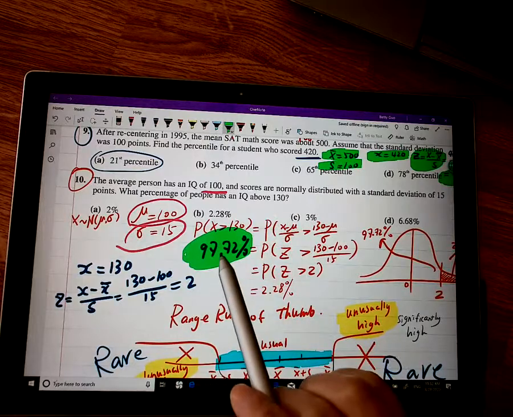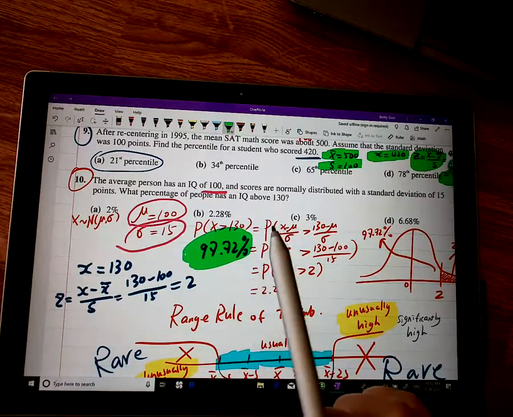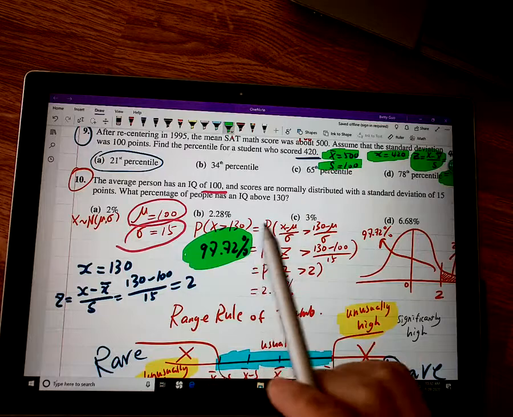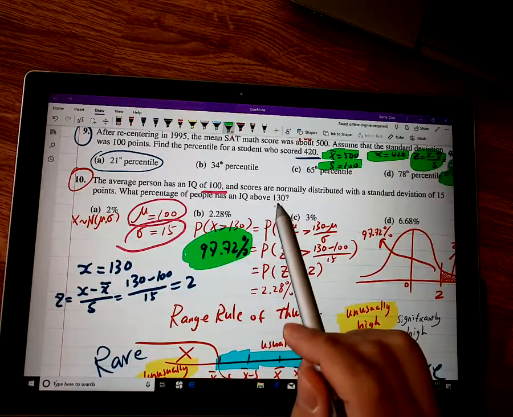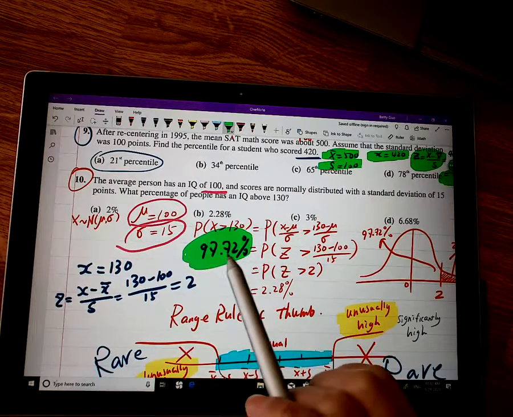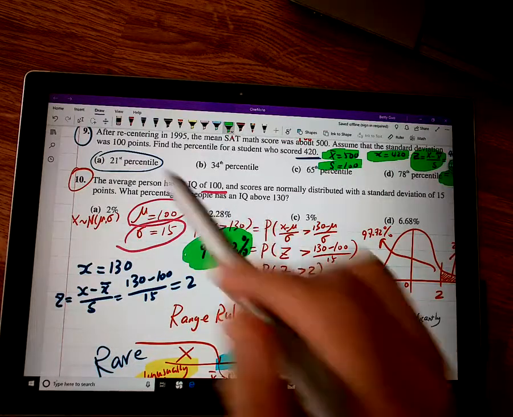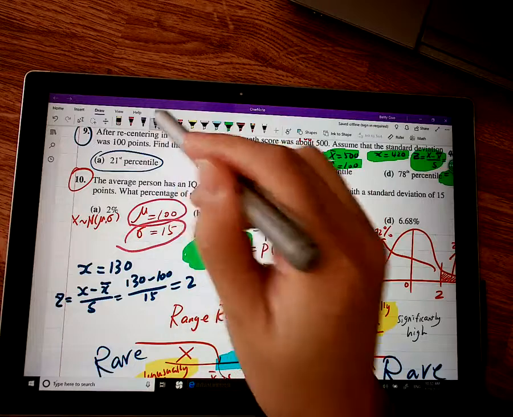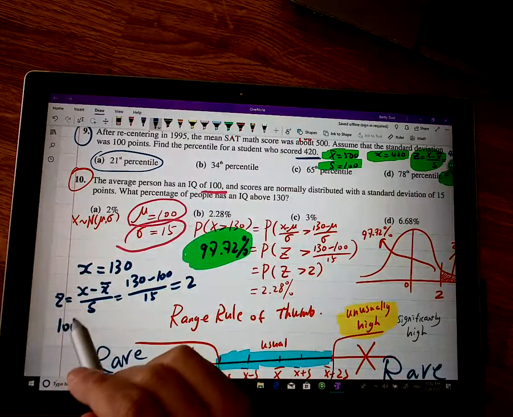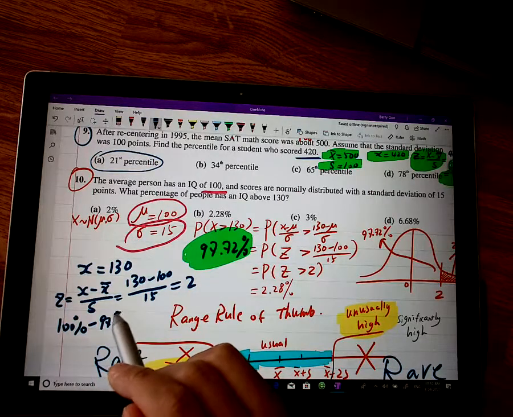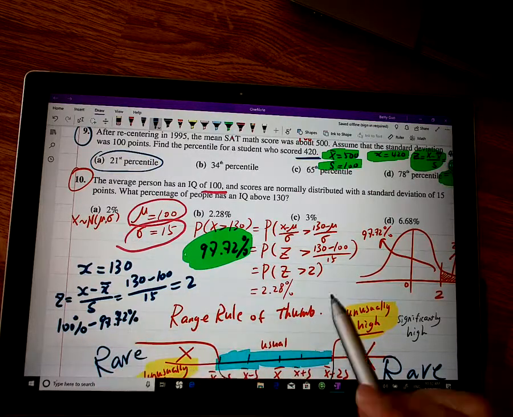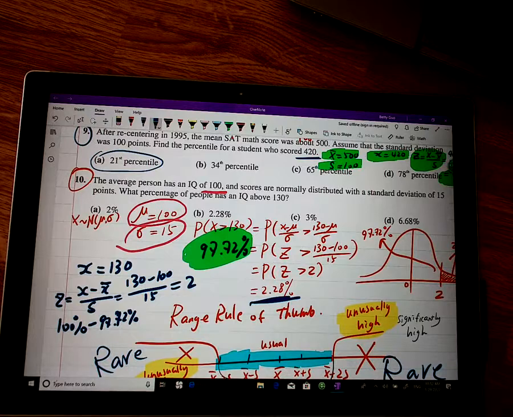Now how many percent are above? You tell me. If 97.72% are below 130, how many are above 130? You simply use 100% minus 97.72%. You have 2.28%.